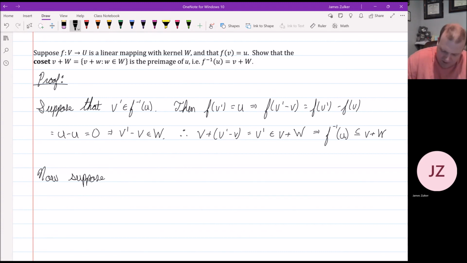Now let's suppose that V prime is an element of the coset. So what this means is that V prime is equal to V plus w, for some w in the kernel.